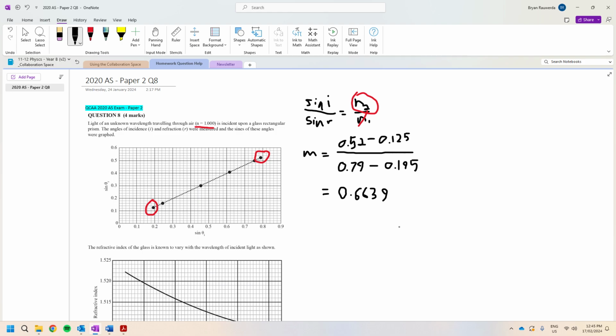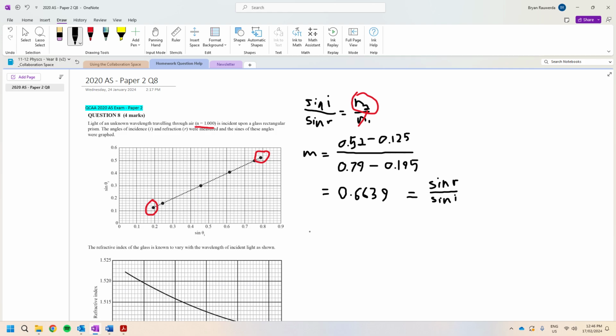Alrighty, so we get our m value there, but because it's rise on run, this is actually sine r on sine i. So we need to flip our fraction over and take the inverse. Therefore sine i on sine r, which equals n2, is the inverse of this.